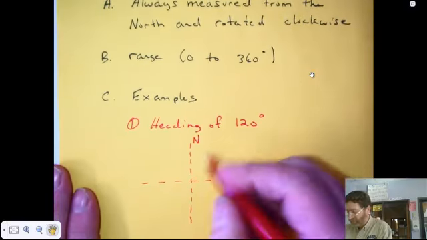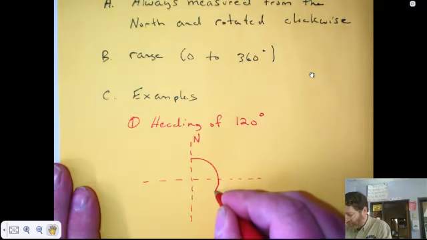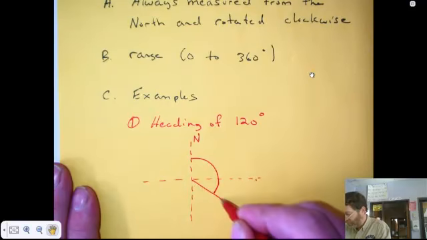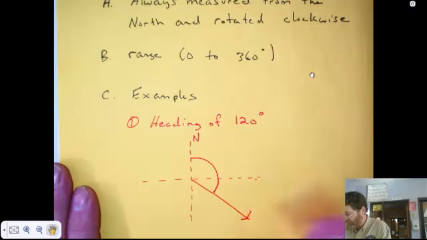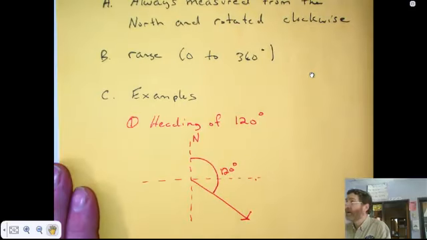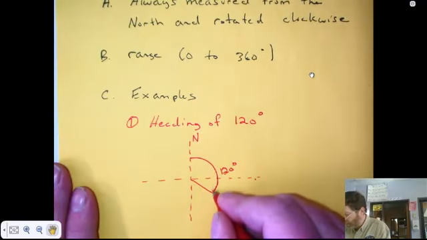This would be 90. How many past 90 am I? 30 past 90, so this would be 120 degrees. That would be a heading of 120 degrees. Start from the north, and go clockwise.